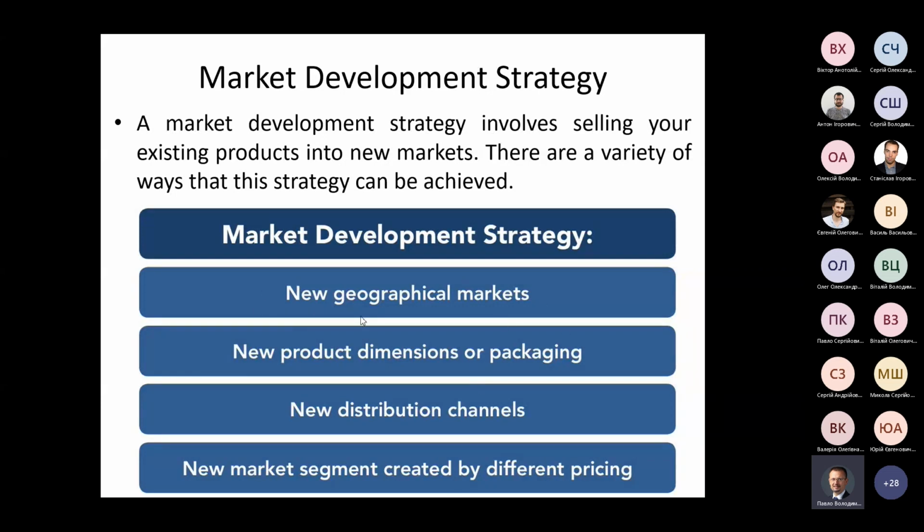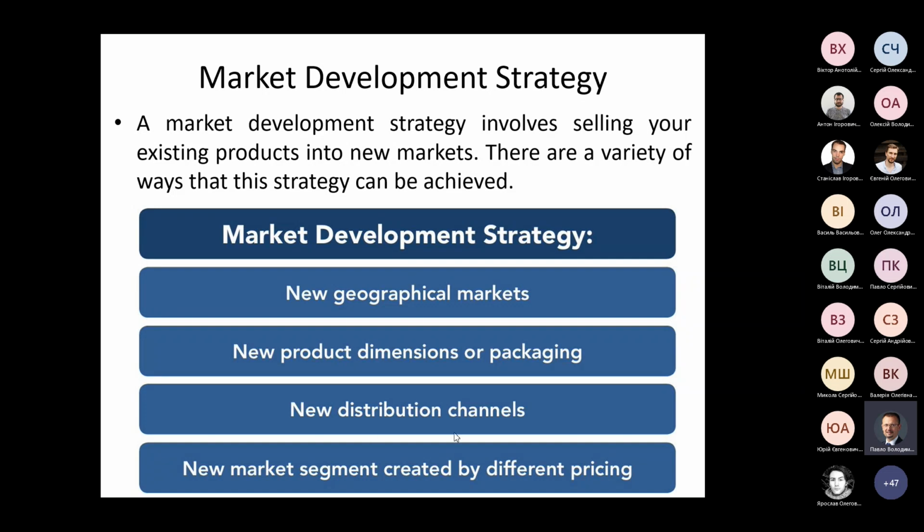I told you it could be new geographical markets, but it could be also new product packaging. For example, we can pack the same yogurt with some funny box. We can add some toy, some sticker, some picture. And then it will be like yogurts for children.